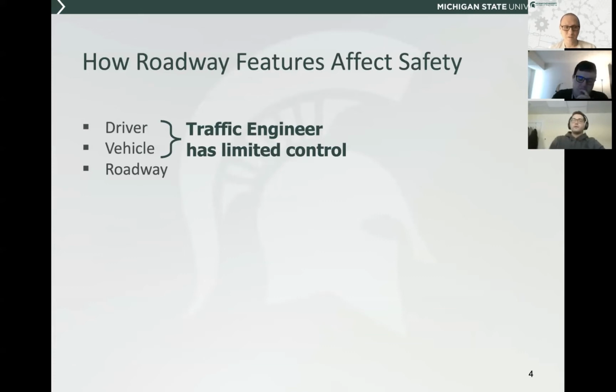I mean, there are some manners in which we have control, and I'll use that term very loosely, over the driver, but how can we as traffic engineers influence the driver? Any thoughts on that? I mean, I would say like designing the roadway to a as safe as possible manner to not give the driver a chance to make a dangerous action or something like that.